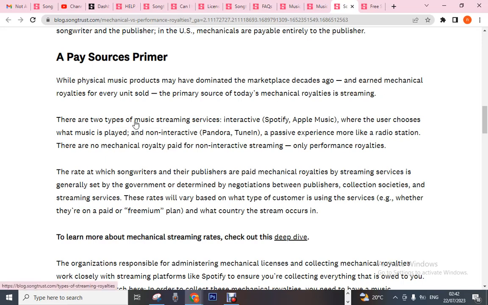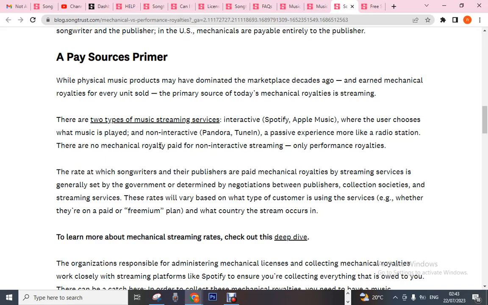There are two types of music streaming services: interactive, that is Spotify, Apple Music, where the user chooses what music is played, and non-interactive like Pandora, TuneIn, a passive experience more like a radio station.